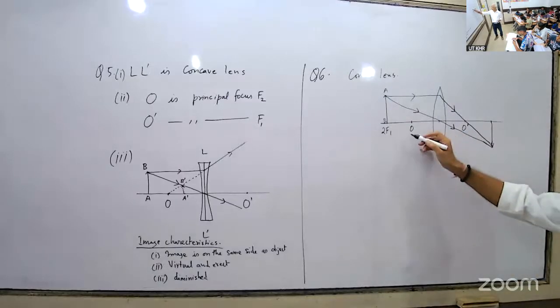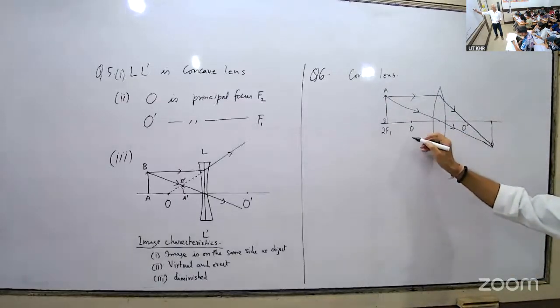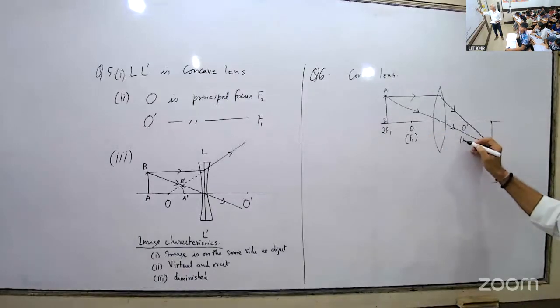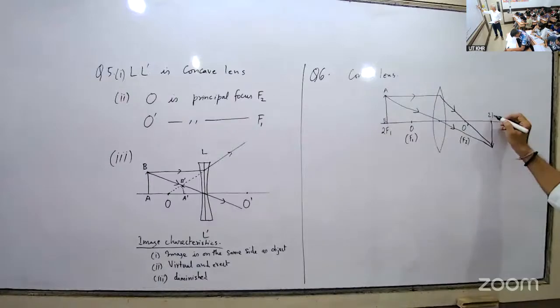So what is O? O is basically F1. This will be F2.